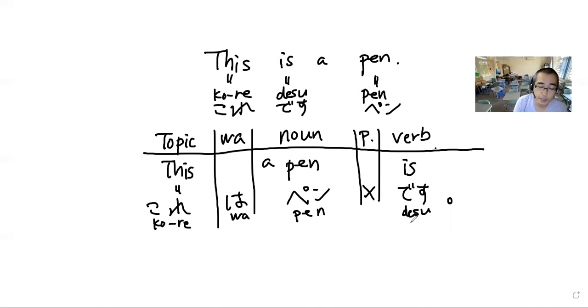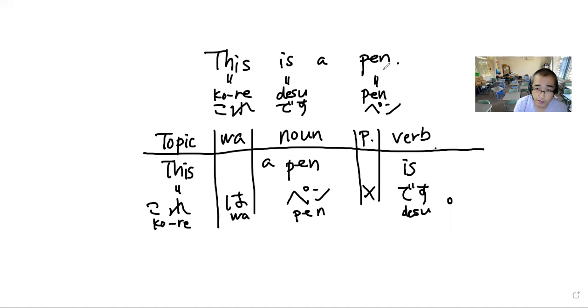Let's expand from here a little bit. How do you say, is this a pen? In English, we need to swap "is" and "this," then add a question mark at the end of the sentence. But the Japanese language is different.